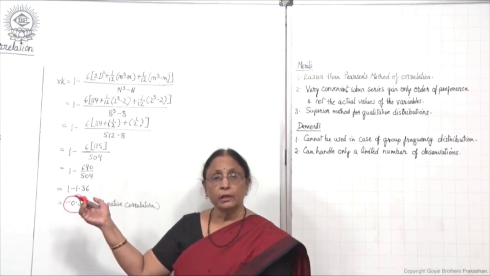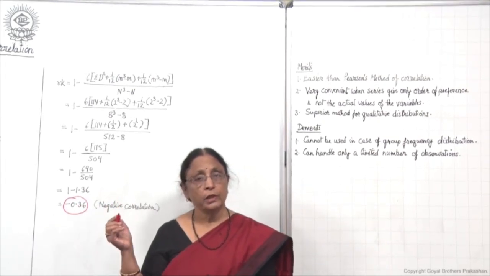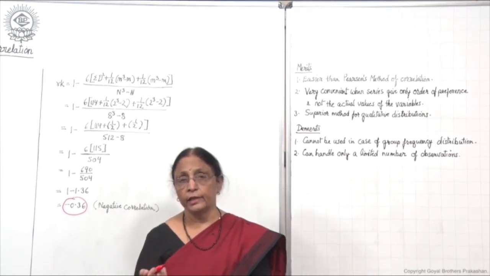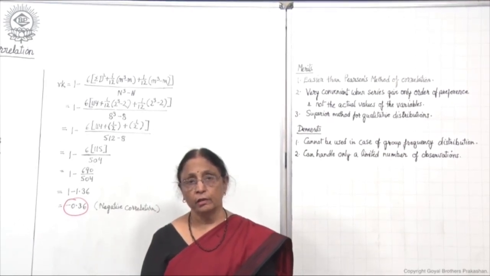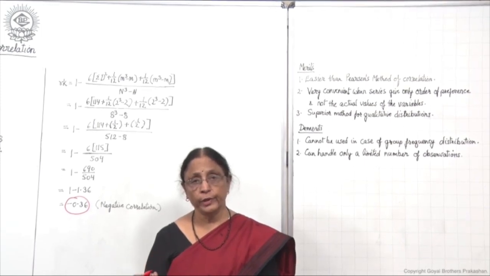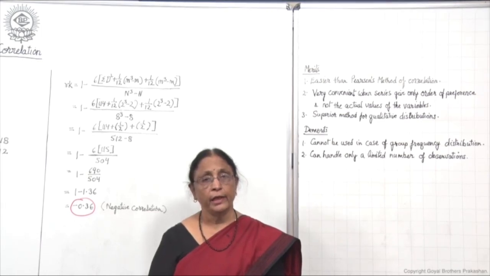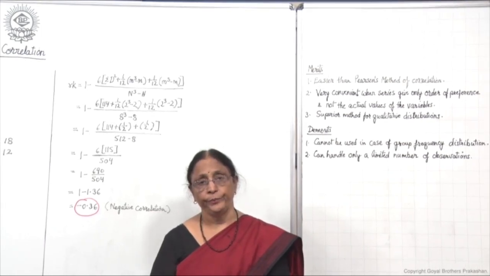But here there is no such calculation involved, simply ranks are given. Then simple calculation is there, take out d and d square, and if ranks are not given, it is very easy to give the ranks and find out d and d square, right.